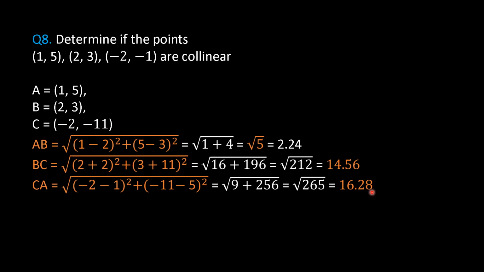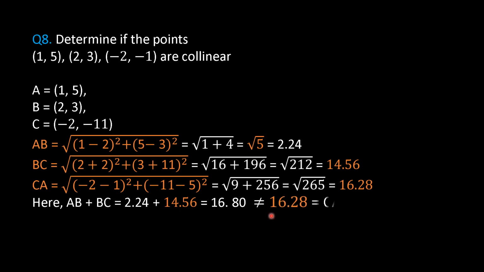Now we will check if sum of the two segments equals the third segment. Here we observe that AB plus BC, which is 2.24 plus 14.56, is 16.80, but this is not equal to 16.28, which is the length of CA. Hence, we conclude that given points are not collinear.